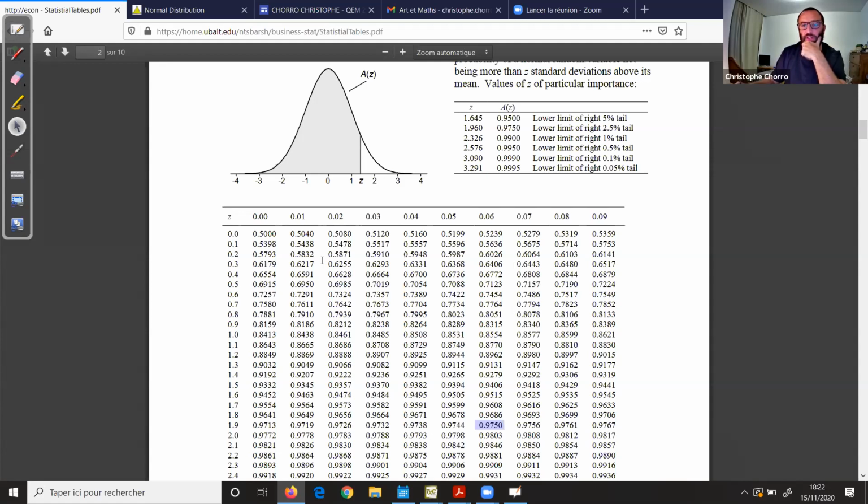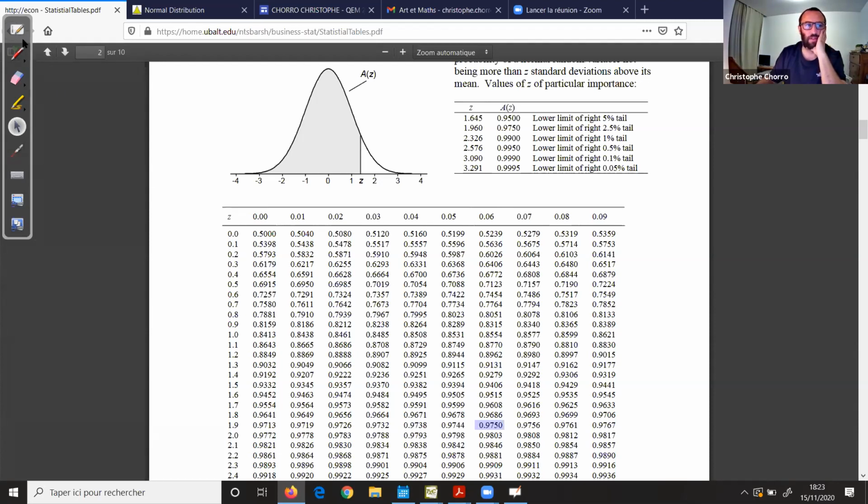I see in this table the value I want, 0.975, and this is obtained for z equal to what? I see this line and this column, so it will be z equal to 1.9 plus 0.06, so a equal to 1.96. That is exactly written here because it's a very particular and famous value for the standard Gaussian distribution function.